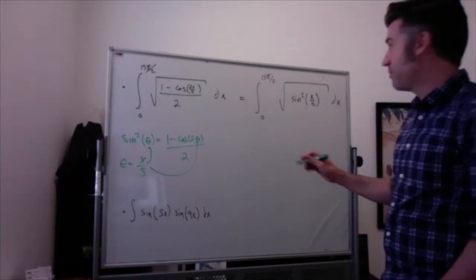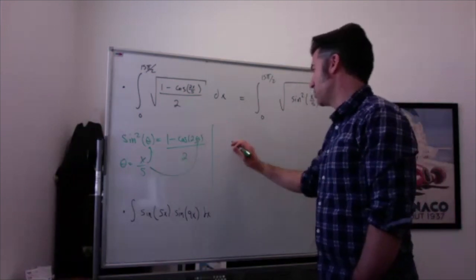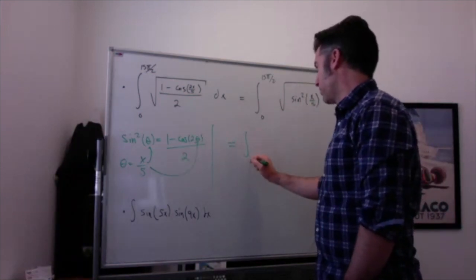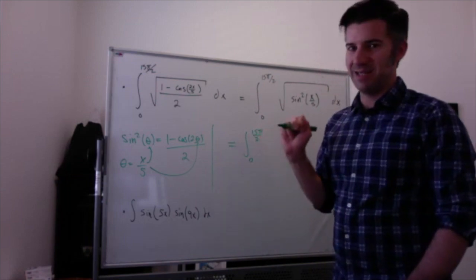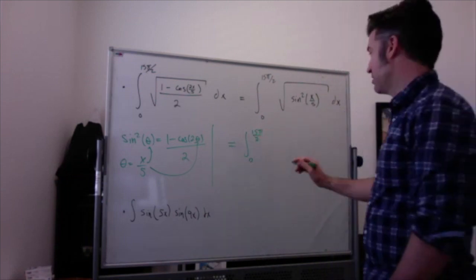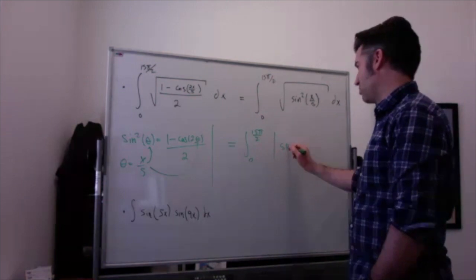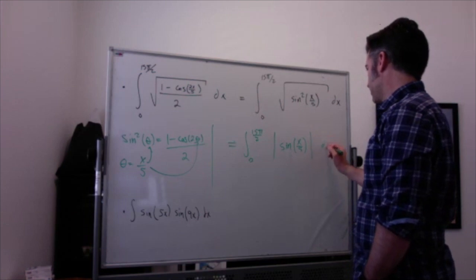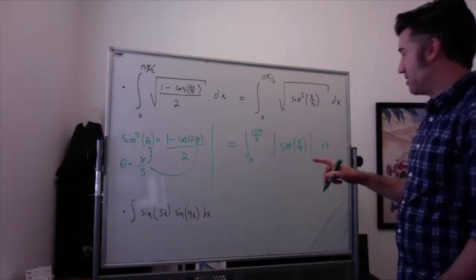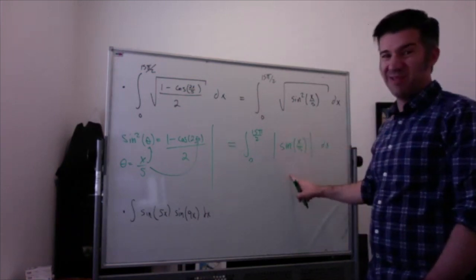Let's just simplify it. So this is equal to the integral from 0 to 15 pi over 2. Now, it's not just sine of x over 5. It's the absolute value of sine of x over 5, because the inside here is sometimes negative.